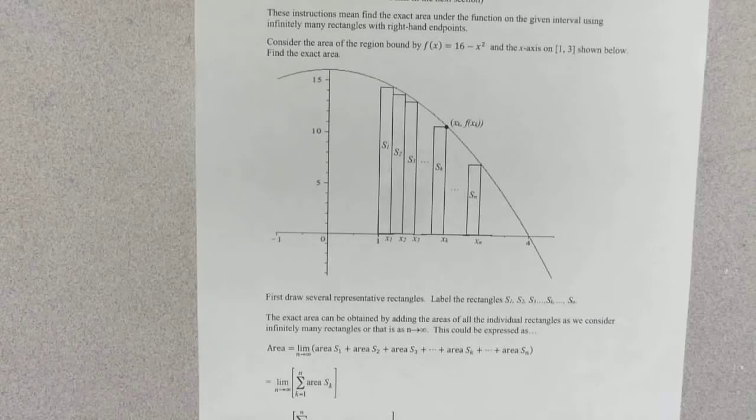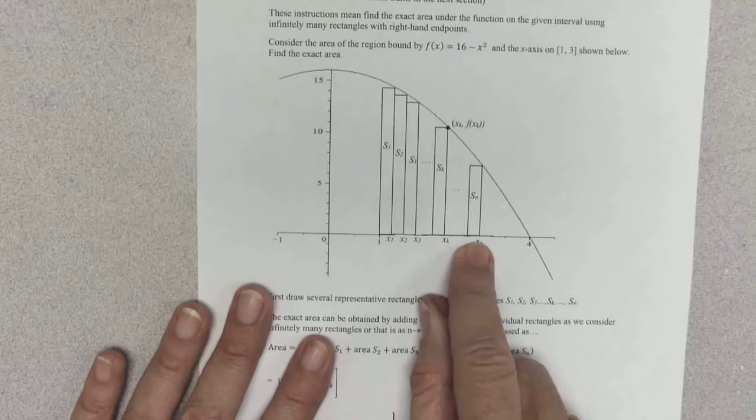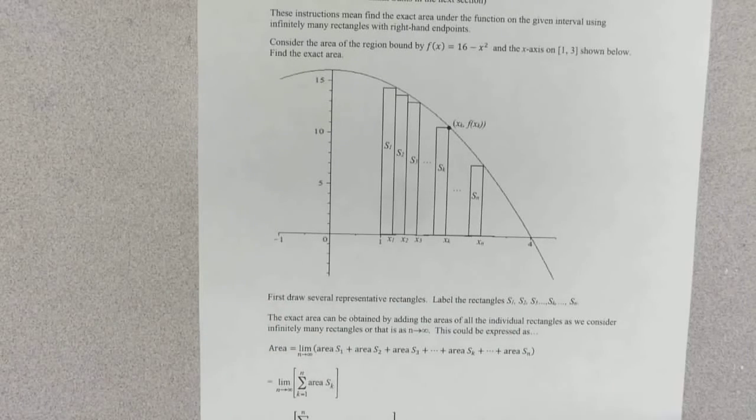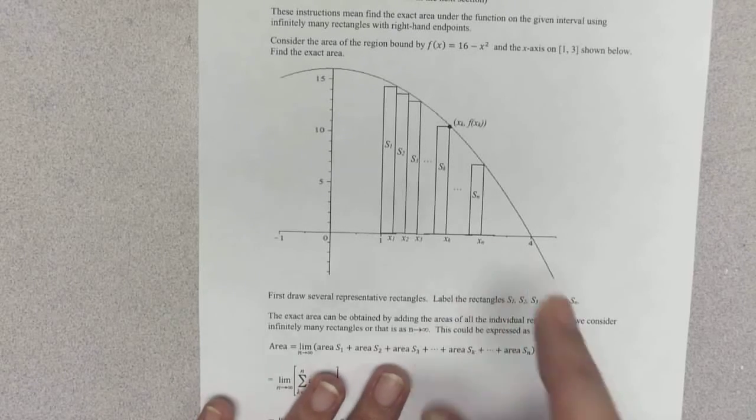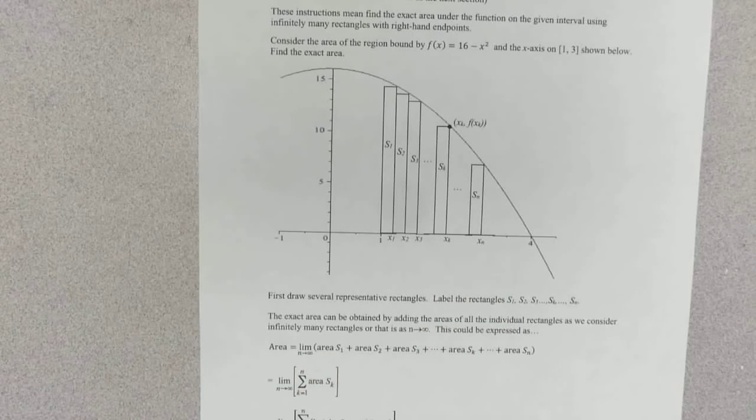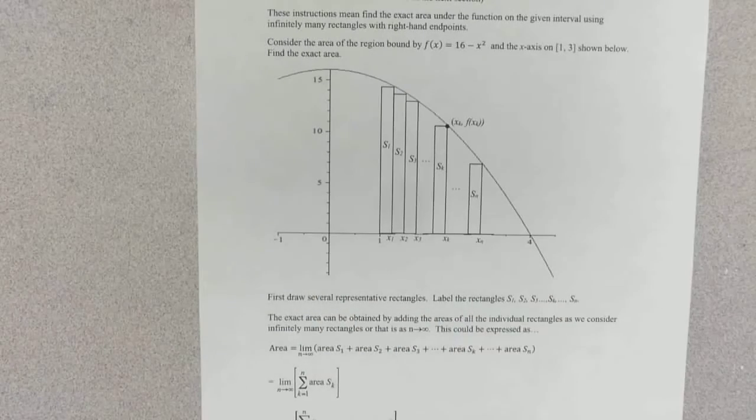Because when I put in infinitely many rectangles, these rectangles keep getting narrower and narrower until each one of those rectangles becomes just a line segment. And then you're adding up infinitely many line segments. Now here's what's cool.